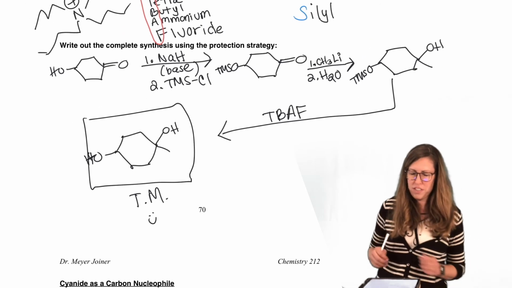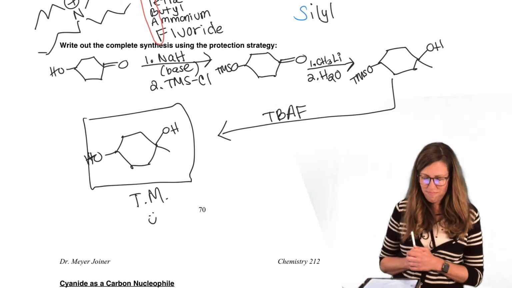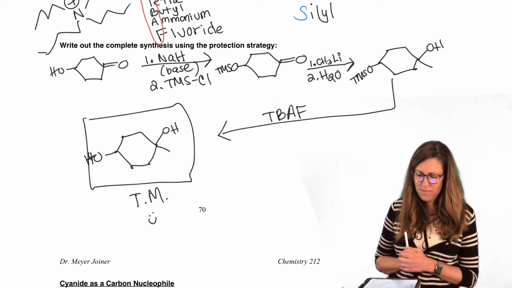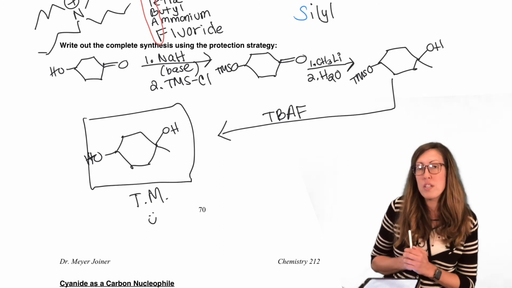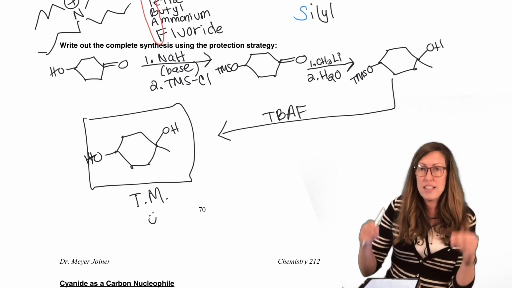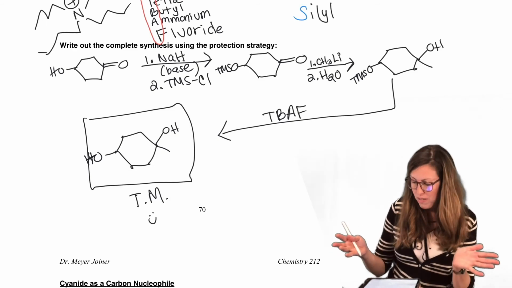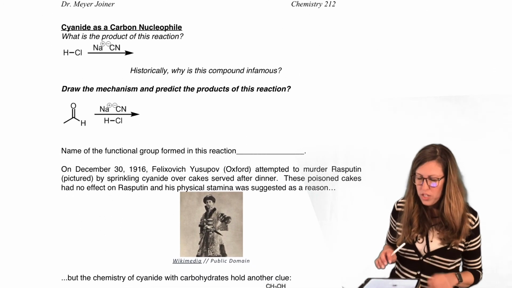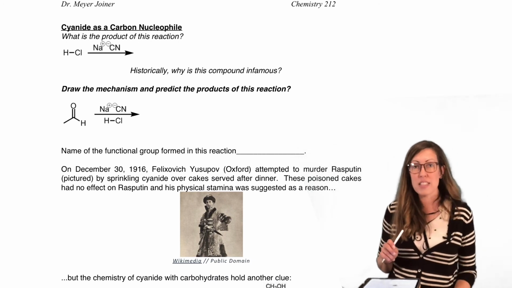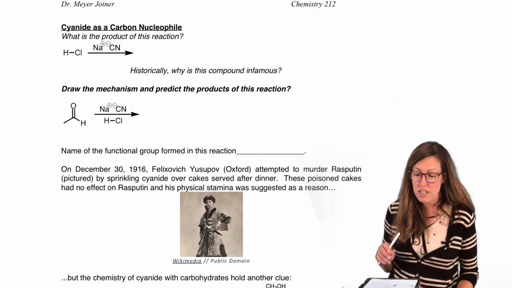Reach your target molecule. Okay, so when you get stuck because you want to do a synthesis that has something there, there's usually a workaround. All right, we are going to do the next carbon nucleophile, which is not organometallic.